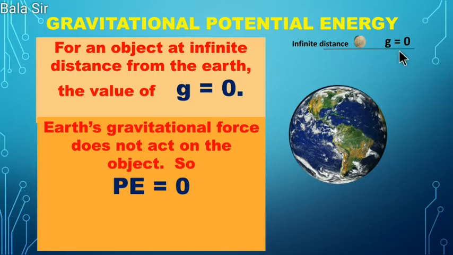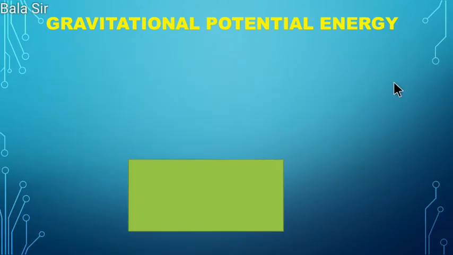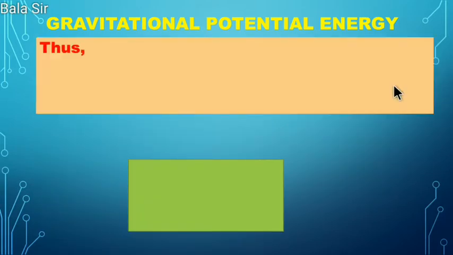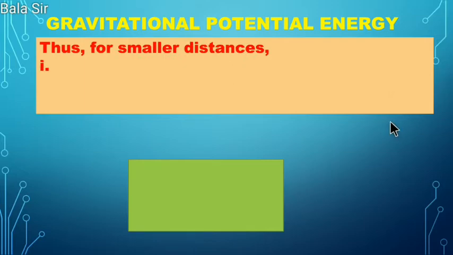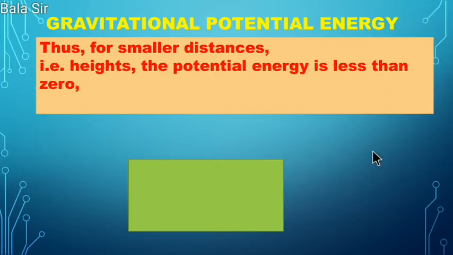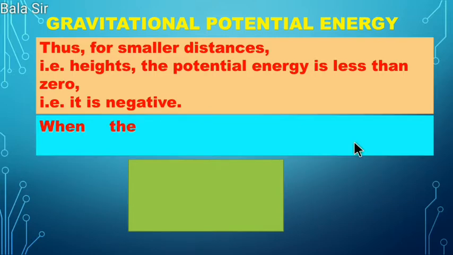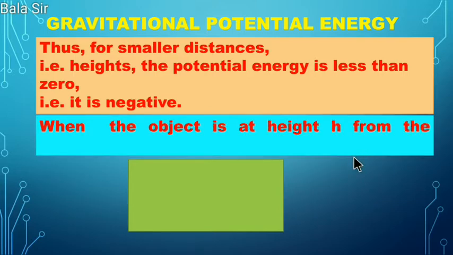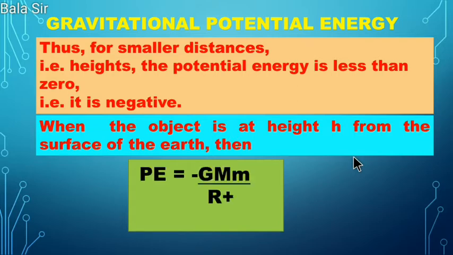So here the potential energy is also 0. Thus for smaller distance, that is the height, the potential energy is less than 0, and less than 0 means it is negative. So when the object is at a height from the surface of the earth, then potential energy is equal to minus GMm upon r plus h.